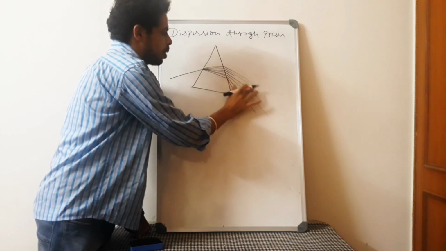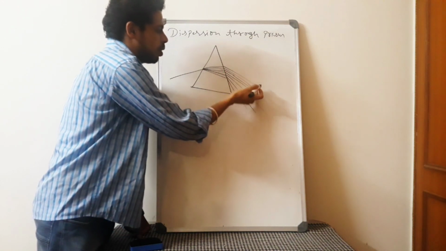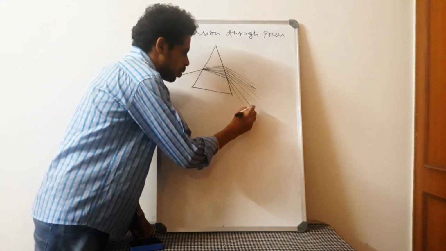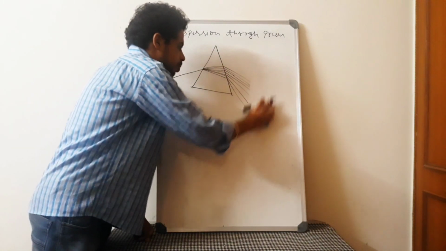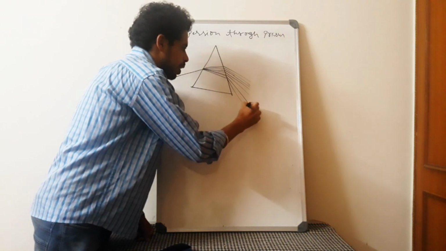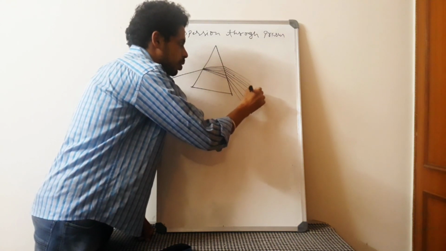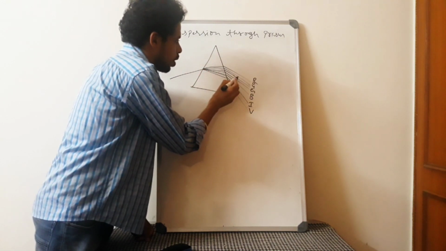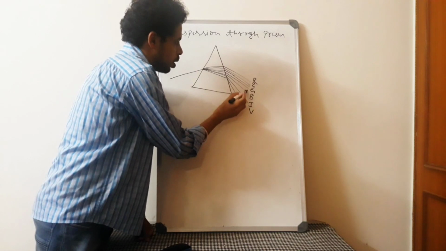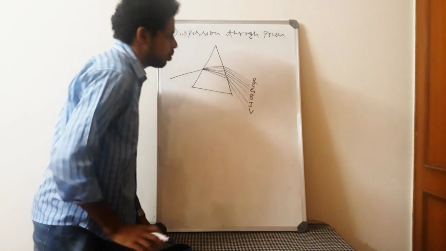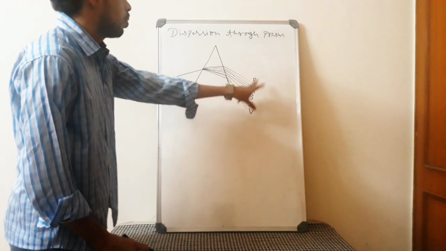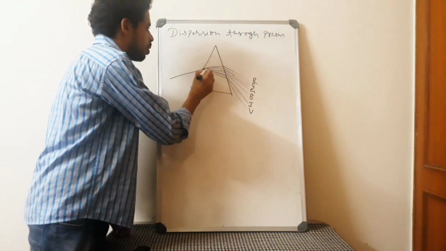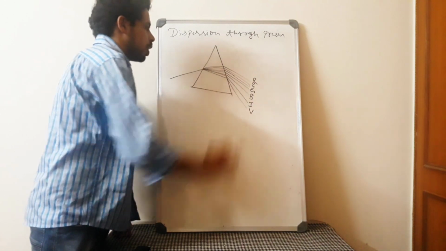I have done a rough diagram here. I have just used these lines only, you can think of them as colors, but actually it is a band of colors. Here you can take VIBGYOR. Seven lines are there.